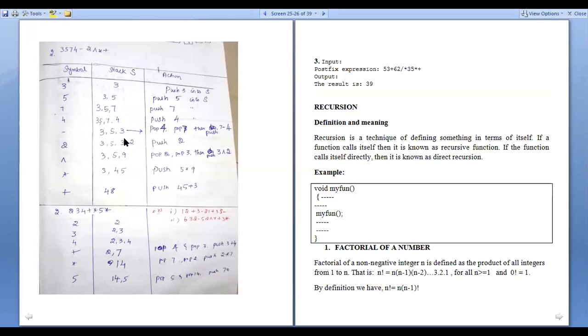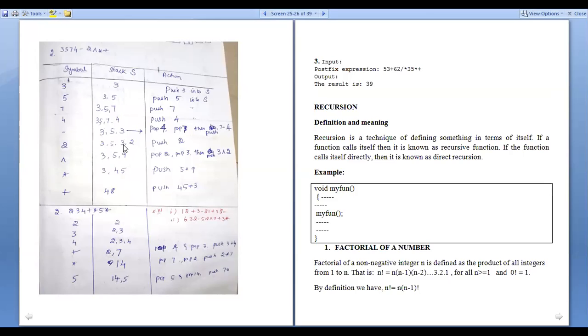Now next we have 2. 2 is an operand, so it will be pushed to the stack. So 3, 5, 3, 2. Next is the symbol for power. When this operator is encountered, the two operands will be popped for doing the operation. The last element here is 2, so 2 will be popped out as well as 3.